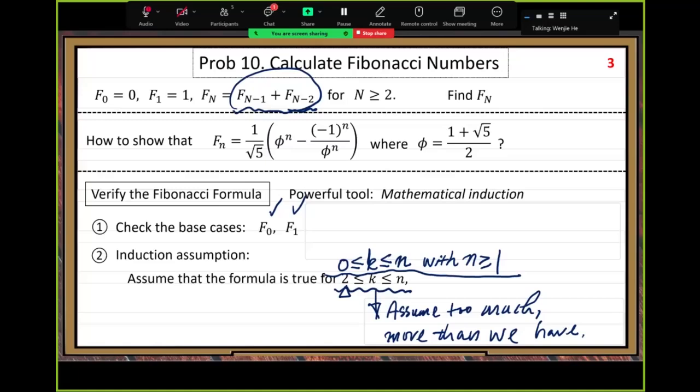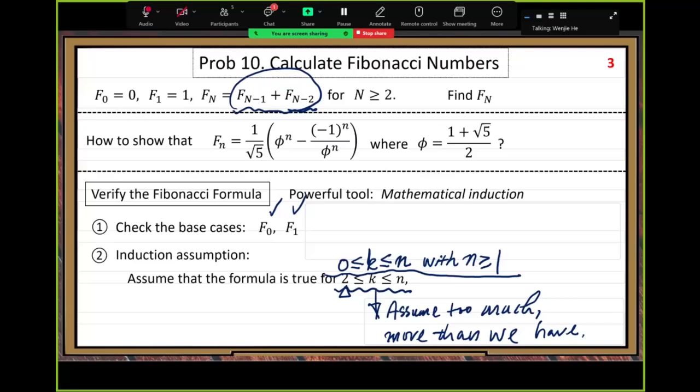Now, when k is between 0 and n, with n greater or equal to 1. 1 is the smallest possible value for n. N could be larger. But in order to make n larger, we need to do some work. Step 3.